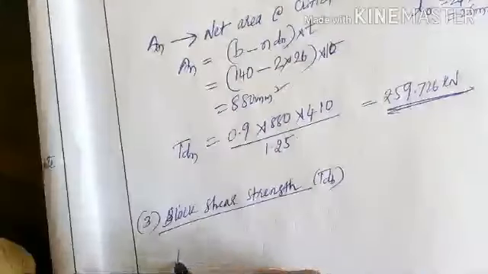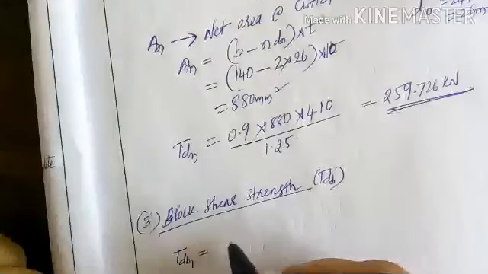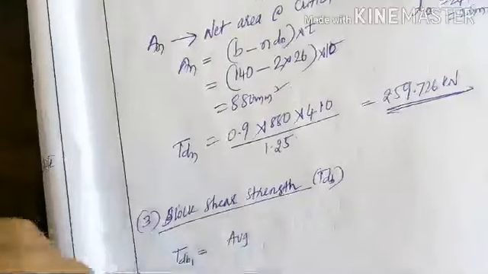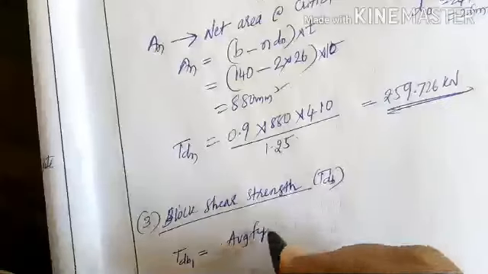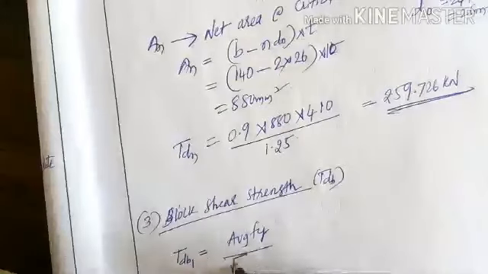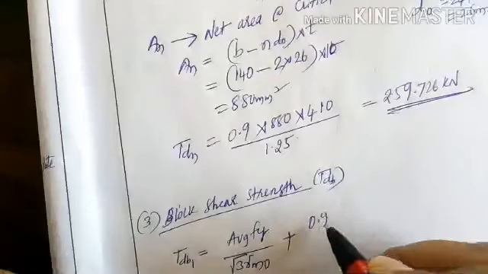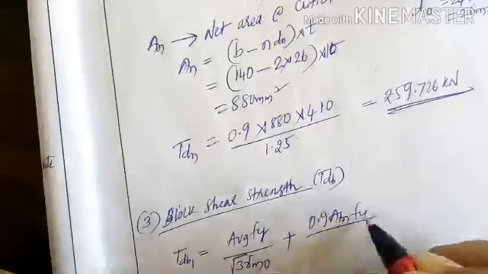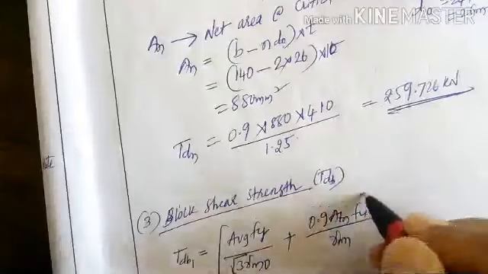TDB1 is AVZ Fy divided by root 3 gamma MO, plus 0.9 ATN Fu divided by gamma ml.